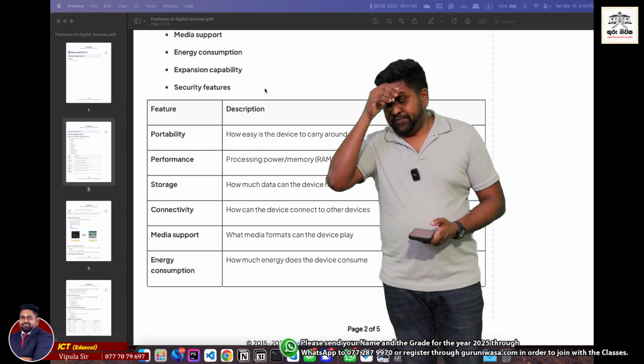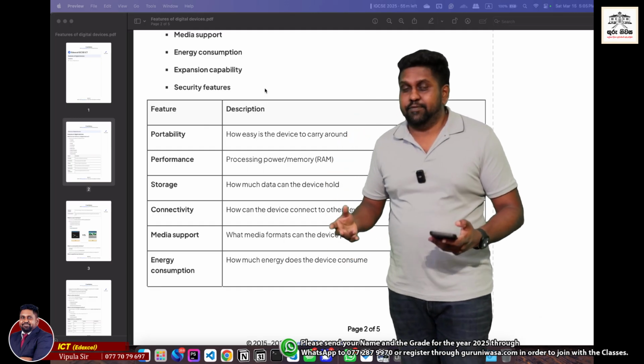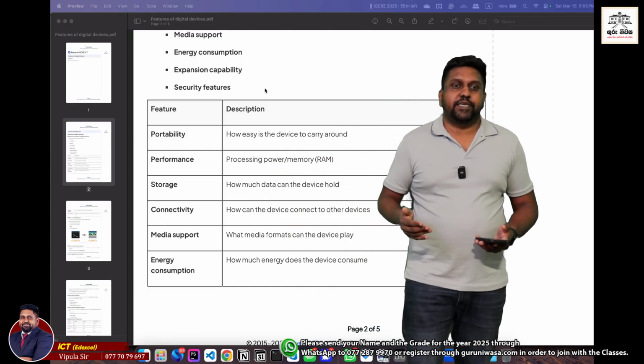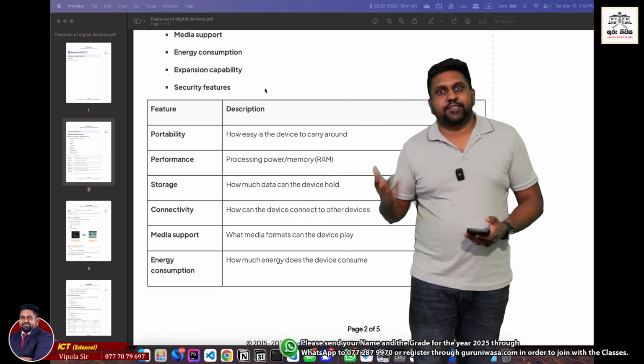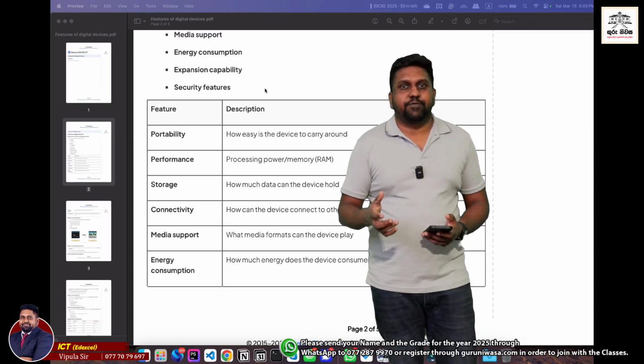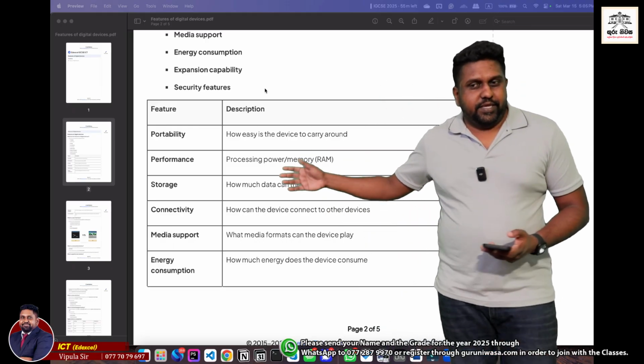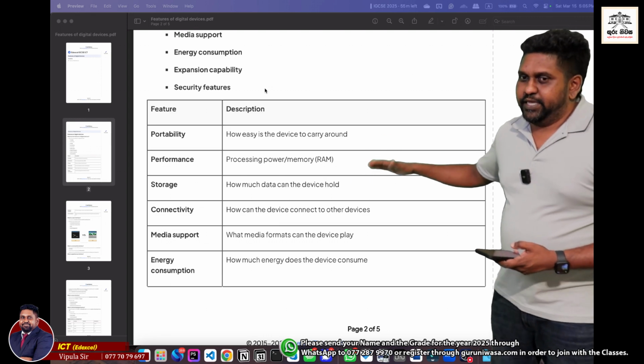But if you take something like a microcontroller, or a management system like a house management system, then obviously you need some sort of storage device to store the information on it. So storage is also important.